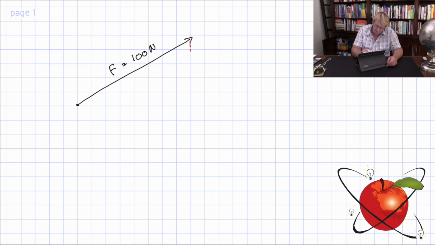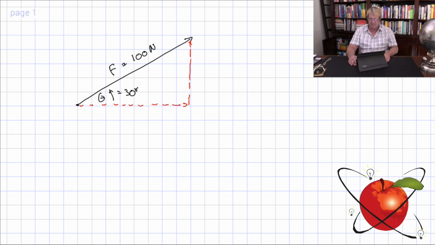Remember, part of that force is going up and part of that force is going along that way. The last bit of information we need is the angle theta, and let us say for this case, let's call it 30 degrees, because I'm going to do one at 45 and one at 60, just to show how this is going to change.